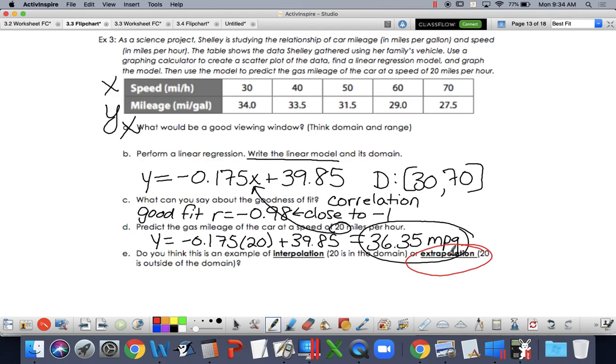And they have to extrapolate out to women who weren't even involved in the original study. And so when you extrapolate out, you're making a lot of assumptions that we're all the same. And that's not necessarily true, right? Shelley is making an assumption that her model will work for 20 miles per hour. But that's just not the case. You always want to try to stay inside your domain rather than extrapolate out.